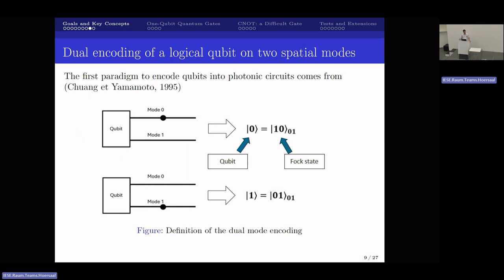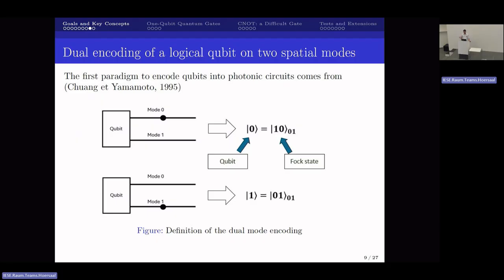The encoding I want to introduce you to is the dual-rail encoding, and it's becoming quite old, from Chuang and Yamamoto in 1995. To encode one logical qubit, once again, not as in error corrected, but as in built from something else, you need two spatial modes, and the qubit will be encoded on where a photon lies on these spatial modes.